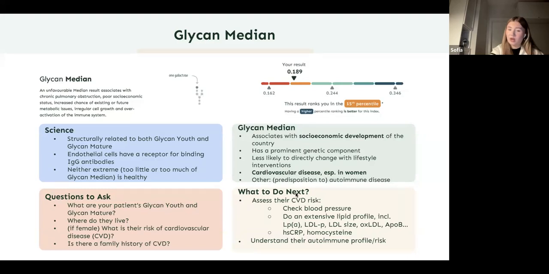So what we would do for our patients, we would first assess their cardiovascular disease risk. We would check the blood pressure, do an extensive lipid profile, which would include all of these analytes. We would also look at high sensitivity CRP and homocysteine. And we would understand their autoimmune profile and risk, which ties into this part.